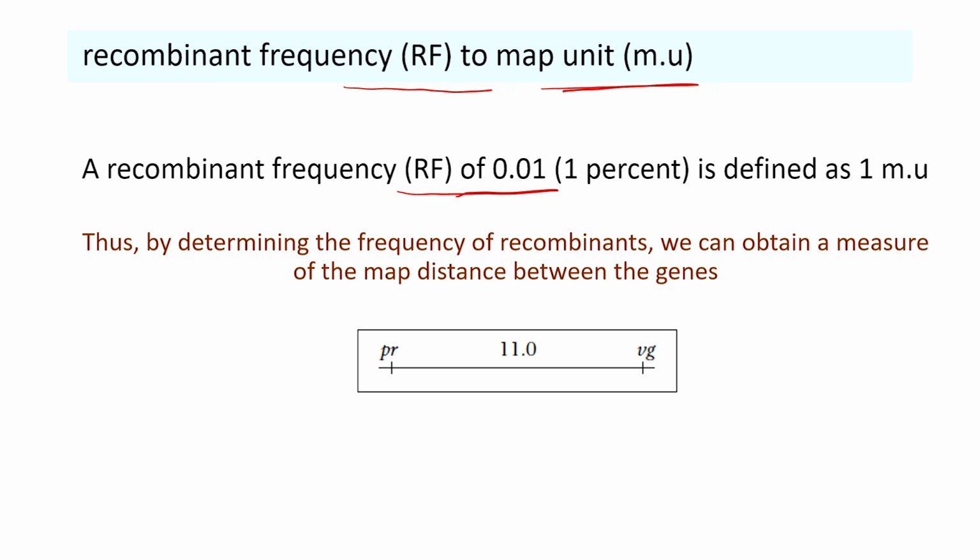You will see map unit many times when people talk about the distance between two genes. 1% recombination, a value of 0.01, is 1 map unit. So if there is 1% recombination, the distance is 1 map unit, and 10% recombination is 10 map units, and so on. Thus by determining the frequency of recombinants, we can obtain the map distance between the two genes.